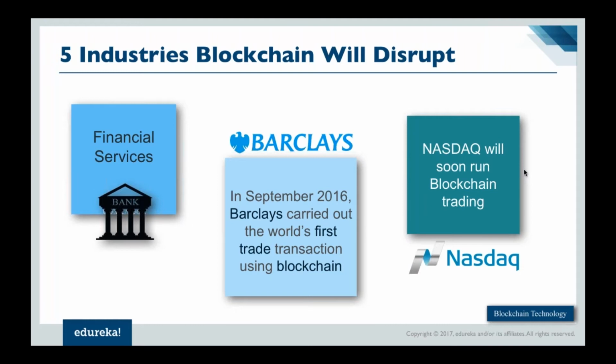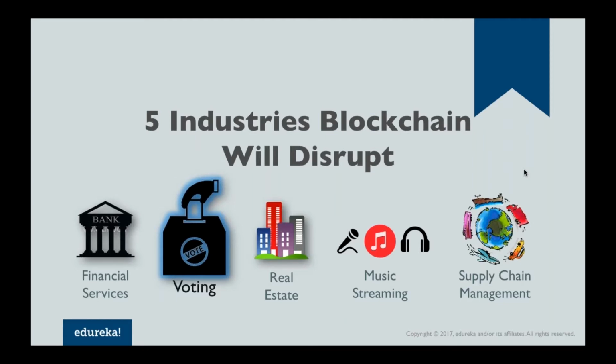If we talk about government and voting, voting is a very popular use case in blockchain. Estonia, a very small Baltic nation, is the first to implement a blockchain-based e-voting system, where voting tokens can be assigned on blockchain to all the citizens of the country.